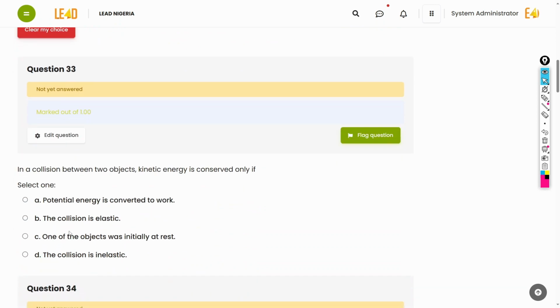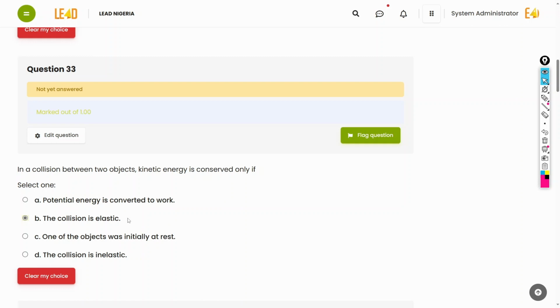All right, 33. In a collision between two objects, kinetic energy is conserved only if the collision is elastic. So in elastic collision, kinetic energy is conserved. In inelastic collision, kinetic energy is not conserved.